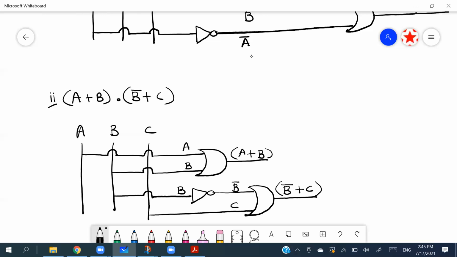So now both the brackets are done. So I only need to solve the AND operation in between. So I'm going to take this line as well as this, and put those lines inside an AND gate, which gives me A plus B dot B bar plus C.